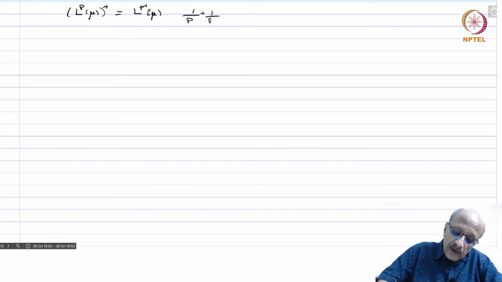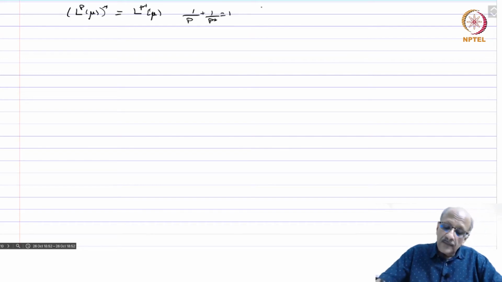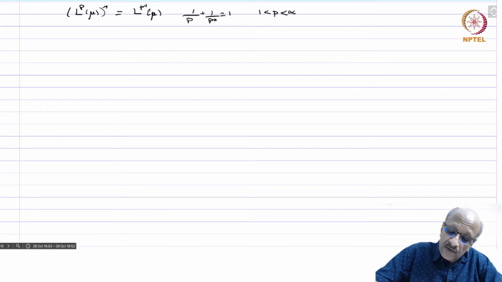We saw earlier that for any measure space (X, S, mu), L^p(mu)* is L^p*(mu), where 1/p + 1/p* = 1, and that is for 1 < p < infinity.